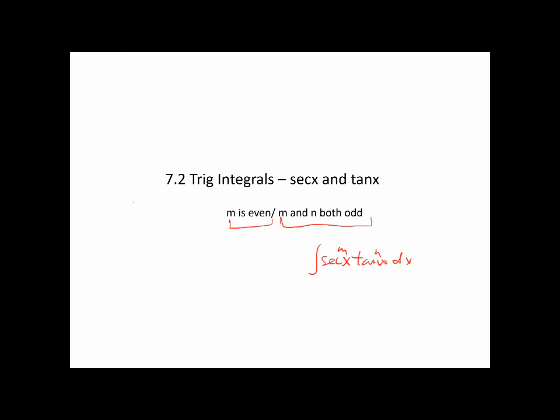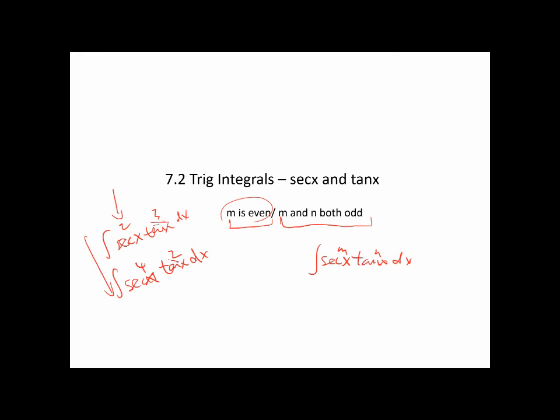For example, when m is even: secant x squared tangent x cubed dx, or secant x fourth tangent x squared dx. In this case, we want to focus on what secant carries, an even power.